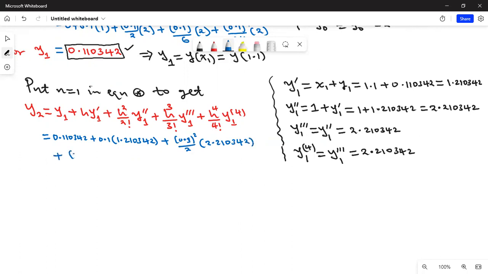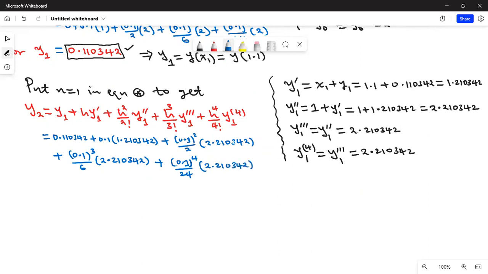plus 0.1 cubed over 3 factorial, that is 6, times y1 third prime, we got 2.210342, and finally 0.1 raised to 4 over 4 factorial, which is 24, times y1 fourth derivative is the same as 2.210342.